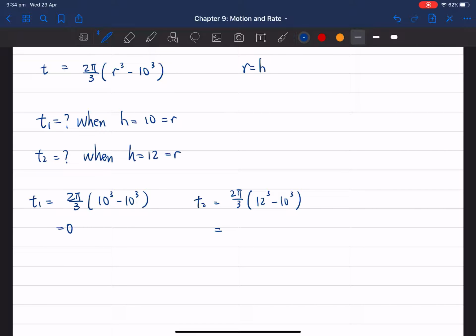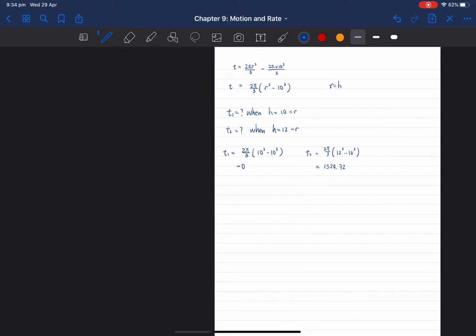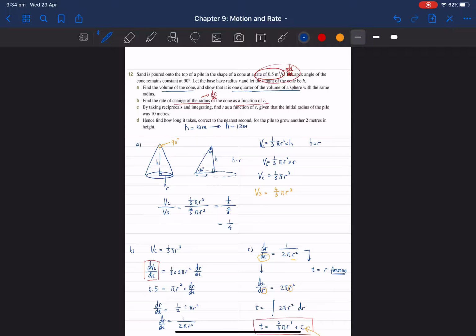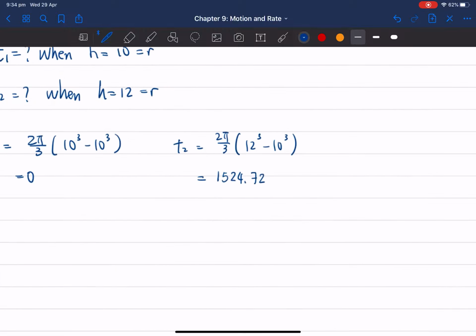Alright, and let's use our calculator. The answer we get is 1524.72. Let's check what the unit is. The unit is seconds.